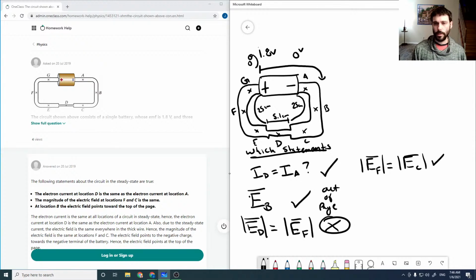And using our electric field notation, so it wants us to use EF for the electric field at F and ED for the electric field at D. So to compute voltage drops, which is all Kirchhoff's laws, we're going to have a negative voltage drop going from positive to negative, as we're going from 1.8 to 0 volts.